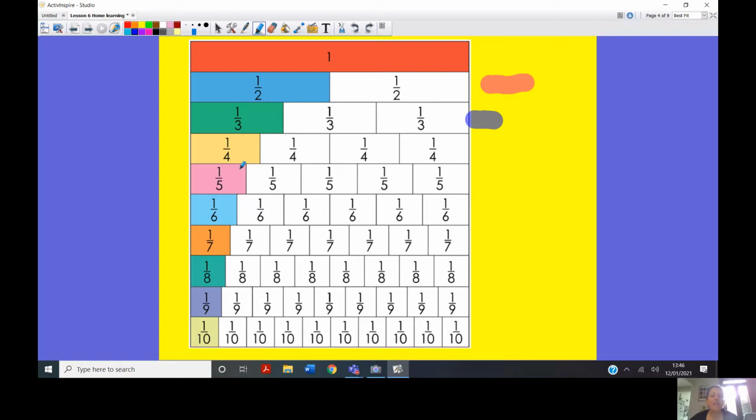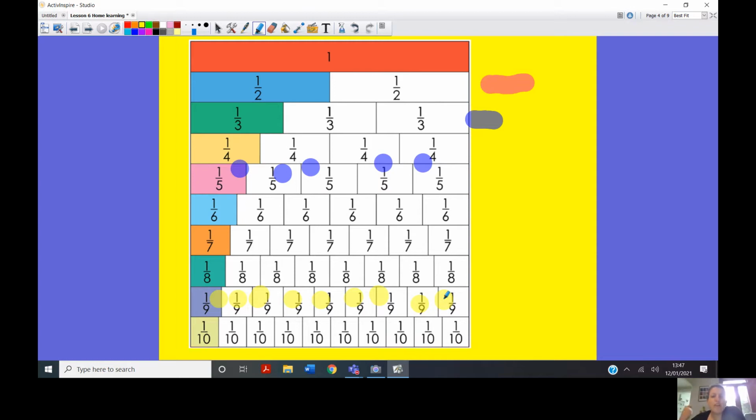My 1/5, I've split my whole into 5 parts: 1, 2, 3, 4, 5. With 1/9, I split my whole into 9 parts: 1, 2, 3, 4, 5, 6, 7, 8, 9. So my 9 parts of 1 are going to be smaller than my 5 parts of 1.